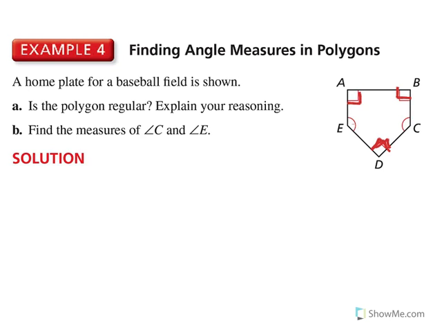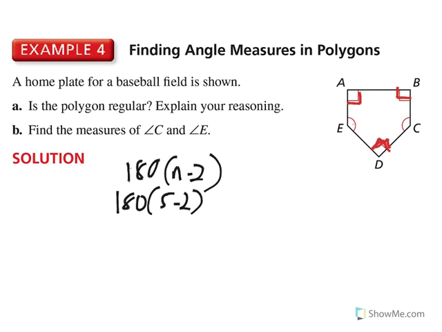Well, my figure is a pentagon, so that means I can determine how many degrees are in the interior by doing 180 times n minus 2. In this case, my n is 5, so I get 5 minus 2. So I get 180 times 3, which gives me 540 degrees.